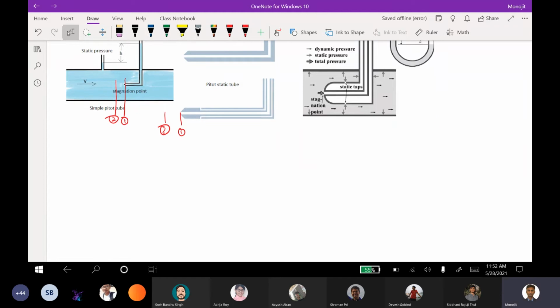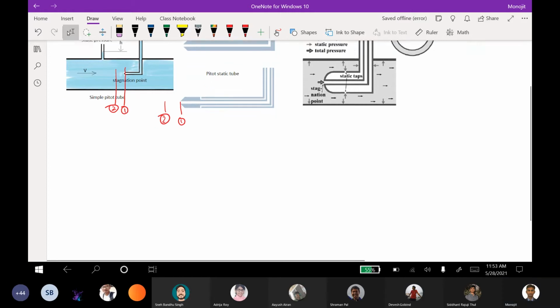Let's try to use Bernoulli's equation. You tell me, I wanted to write Bernoulli's equation between these 2 points. What should I write? Anyone? You're talking about the steady state condition.